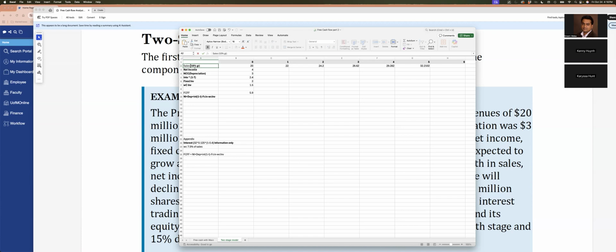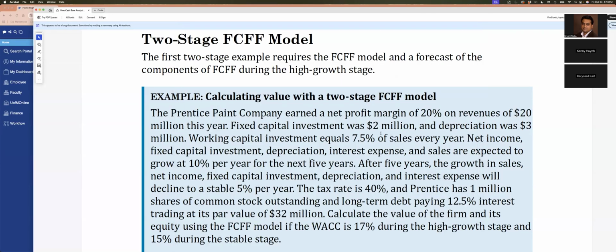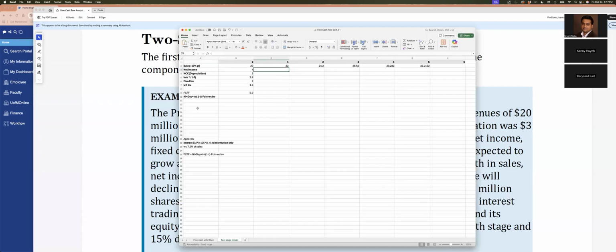You guys getting this? Is it easy? Complex? Everything's kind of laid out in the word problem. Okay. Then the net income and fixed capital, depreciation, interest, and sales are expected. So next one is net income, fixed capital. Okay, let's go, net income also grows 10%. So let's make it simple because it's more in dollar terms.